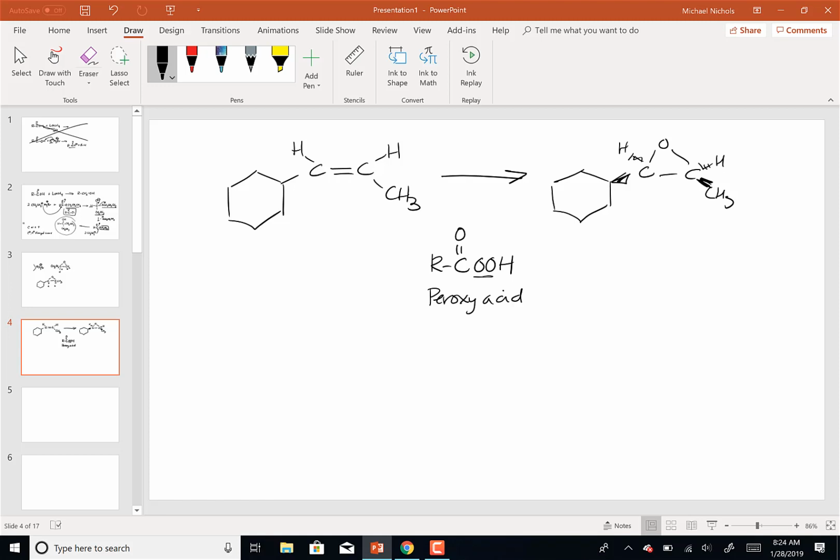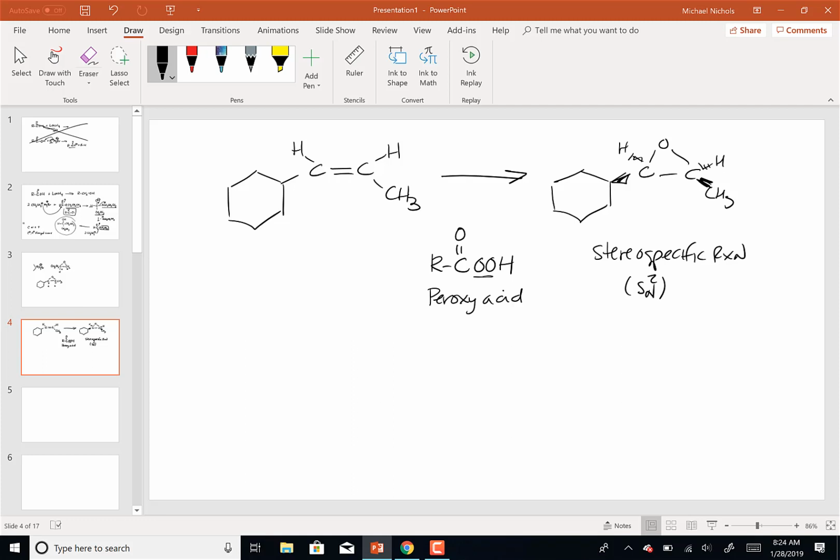So this is a stereospecific reaction. Along with SN2 was our other example of a stereospecific reaction. We hit those at the end of the first semester.